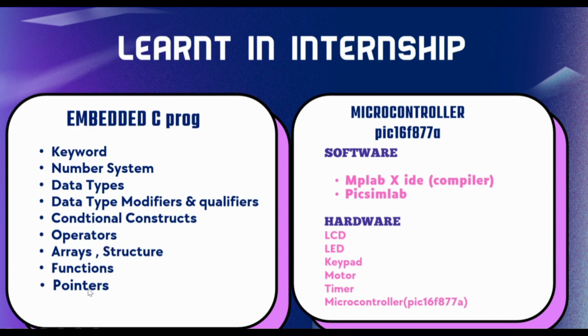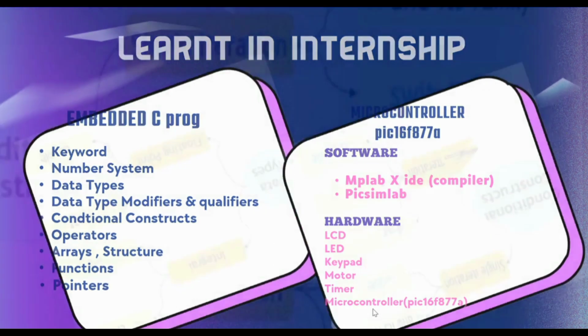And second one is about the microcontroller used, the PIC microcontroller, especially PIC16F877A. Here we use software like MPLAB XIDE compiler and hardware like LCD, LED, keypad, motor, timer and microcontroller.